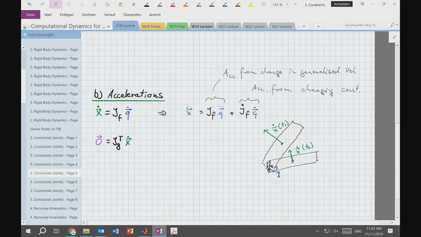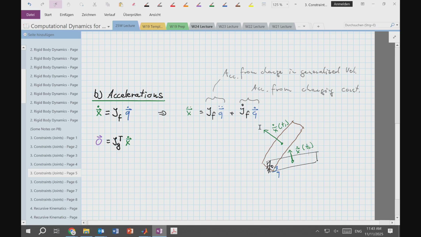Number one, I changed my q dot. So I went from a q dot that gave me this acceleration at time t0 to a larger q dot that gives me a longer arrow here. So I had some acceleration q double dot. That changes the length of these arrows.